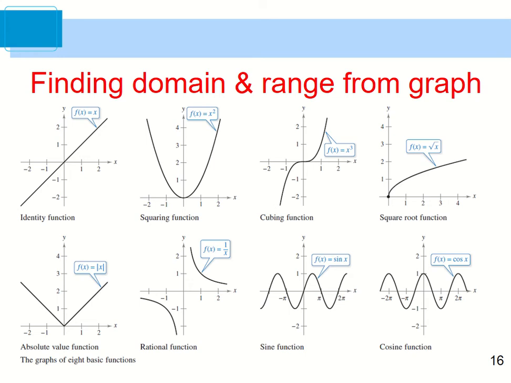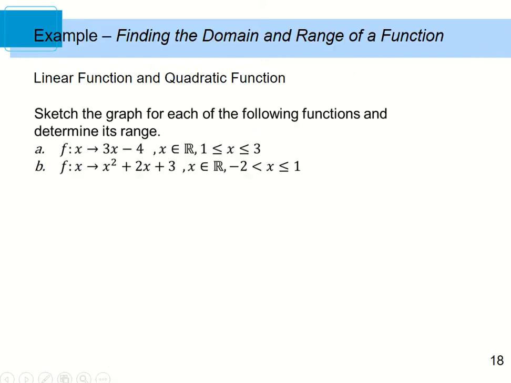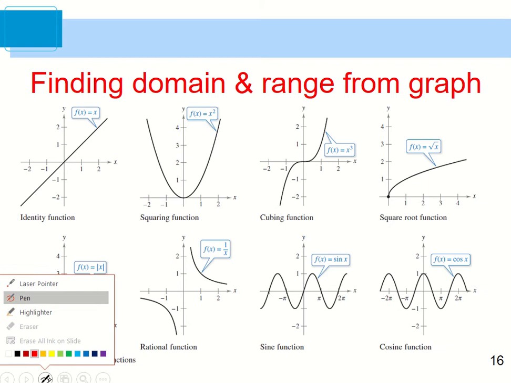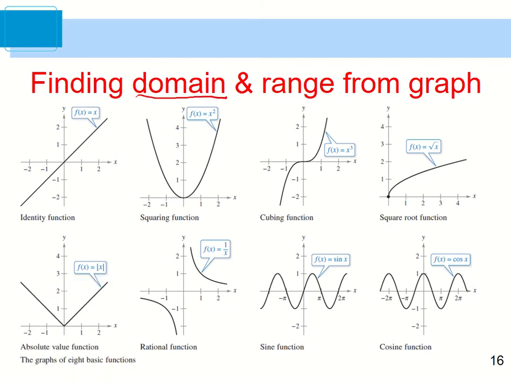Okay, welcome back. In the previous discussion, we learned about the domain and the range. We know how to define the domain implicitly and explicitly, and also how to find the range of a function.